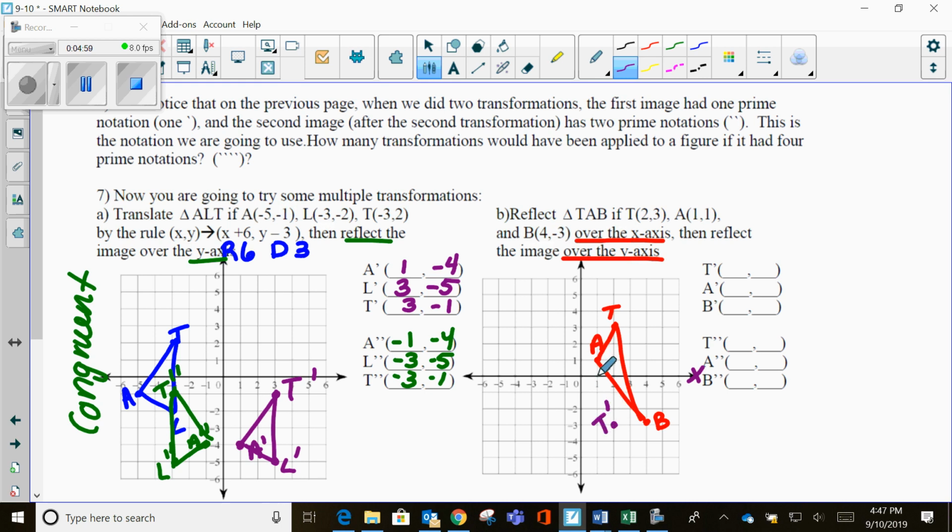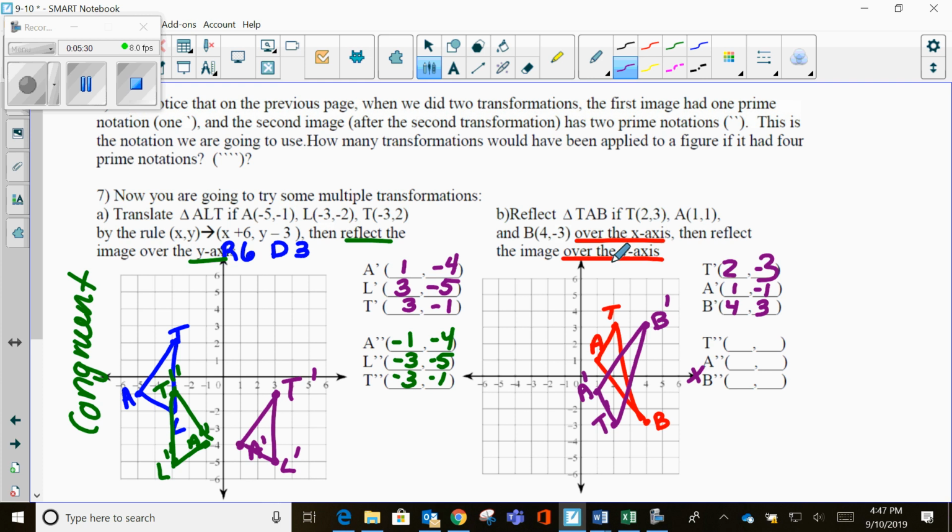If I reflect A, which was 1, positive 1, the reflection becomes 1, negative 1. And then my B, which started at 4, negative 3, becomes 4, positive 3. Notice how I'm putting 1 prime symbol for each new point because this was the first transformation.